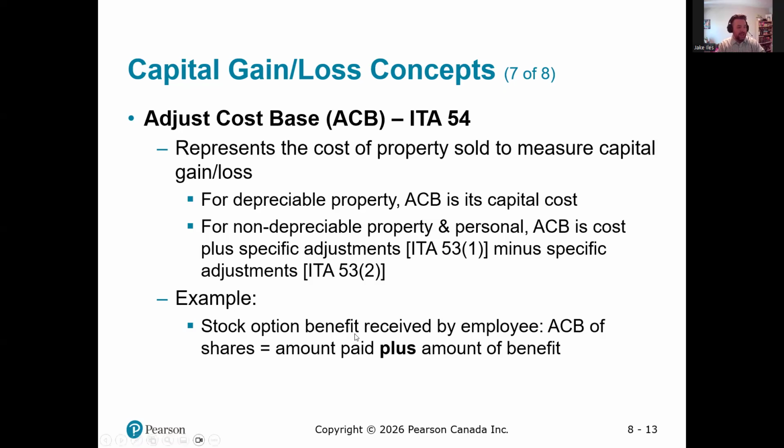A stock option benefit received by an employee, which we'll go into. Stock option benefits usually allow employees to get a discount on stock. The share's worth $18. I buy it for $15. It cost me $15, but I got $18 of value. That $3 difference is included in income as employment income.